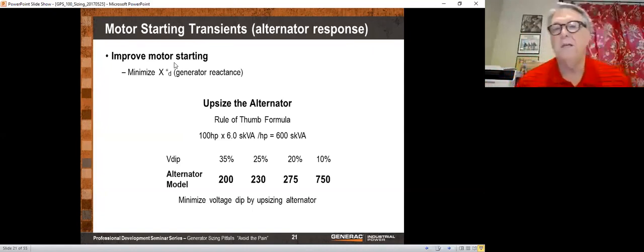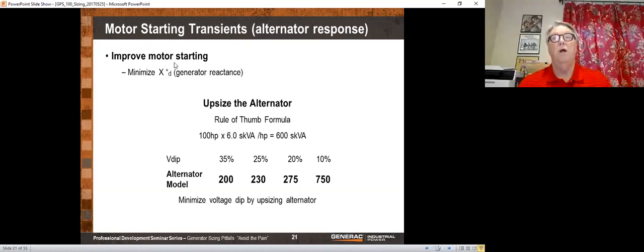But you'll notice that that standard 200 kilowatt generator comes with a 200 kilowatt alternator. And that 200 kilowatt alternator is going to have about a 35% voltage dip. So yes, the generator is okay. Yes, the generator can start the motor, but can your system tolerate a 35% voltage drop?